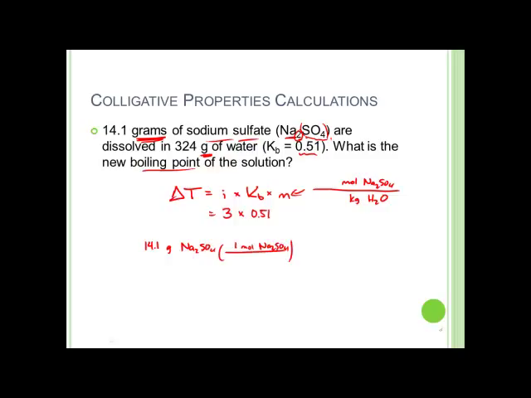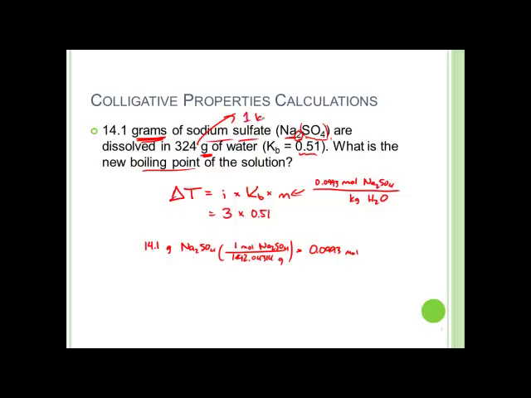The molar mass is what you need to do first. The molar mass of sodium sulfate is 142.04 grams per mole. You do 14.1 divided by that, and you get 0.0993 moles. So I can put that in for moles.